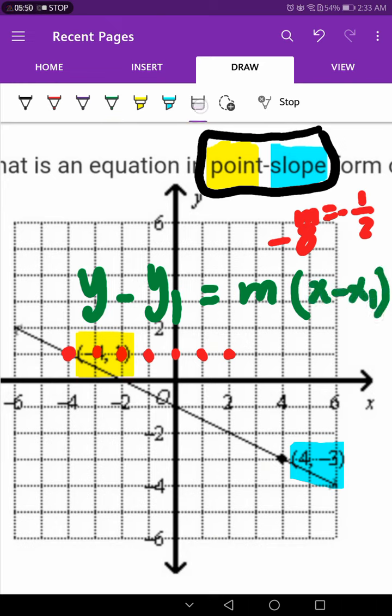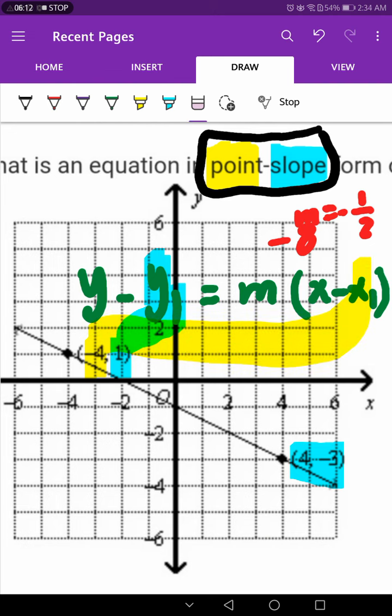If I want to use this one, you know how to use this. This is x, and this is y. The y comes here, and the x comes there. Okay, let's go.